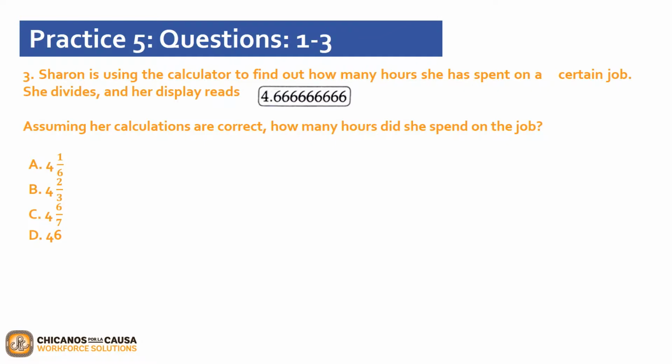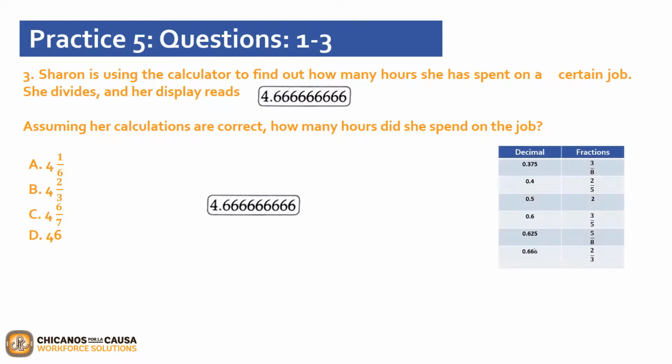So like before, we're going to want to take this decimal and make it into a fraction. So we have the 4.6666. Now, let's look at our decimal and fraction equivalent table. Let's go ahead and ignore this 4 in front of the decimal and just look at 0.666. We know that that particular decimal has a fraction equivalent of 2/3.